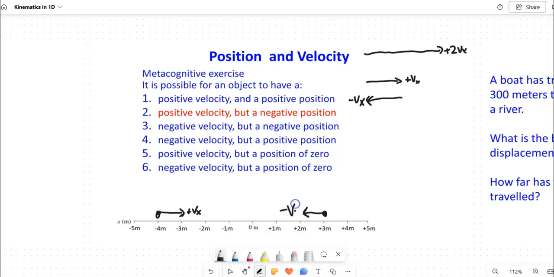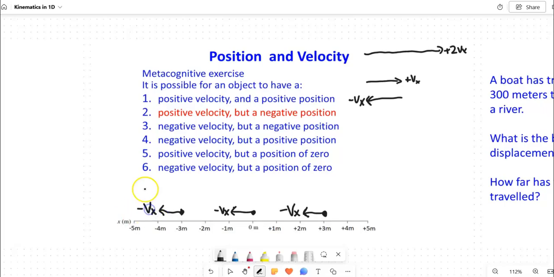And that would be a negative velocity in the x direction. You could also be standing here at the 0 mark, and you can also have that negative velocity in the x direction. And you could be standing anywhere in the negative position marks, and be moving to the left.